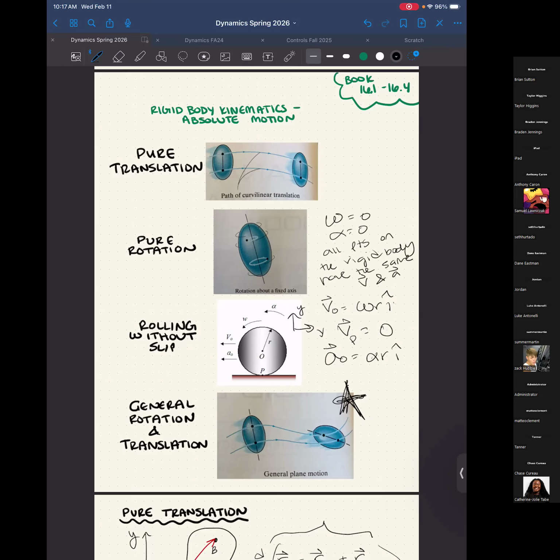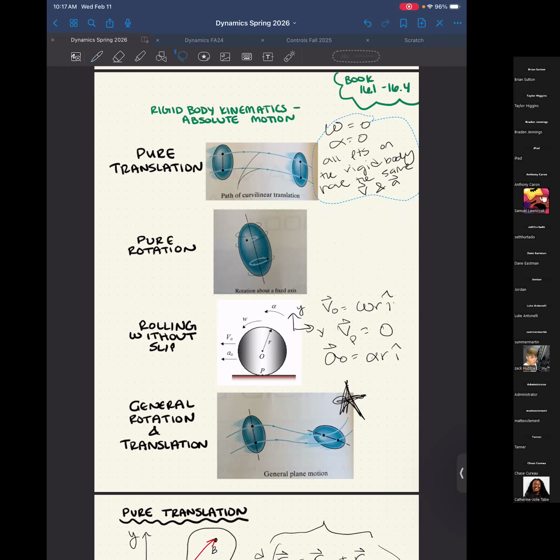Oh, sorry, I did that wrong. This was supposed to be up here. I said pure translation.